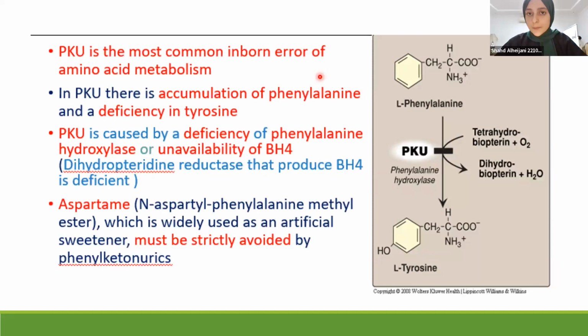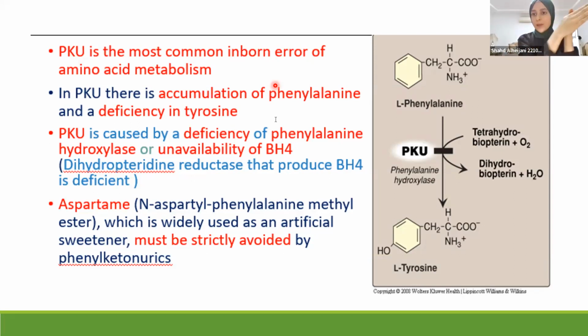Phenylalanine to tyrosine. Okay, so it's not about accumulating and damaging the neurons itself, but this pathway, phenylalanine to tyrosine, is needed to form many neurotransmitters. These neurotransmitters are needed by the brain for several actions. Everything working in the brain is depending on those neurotransmitters.